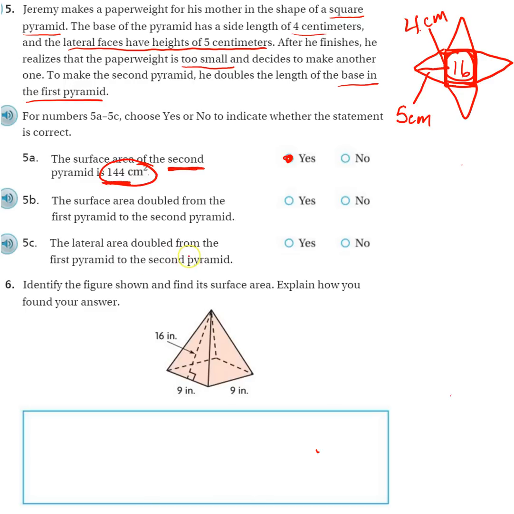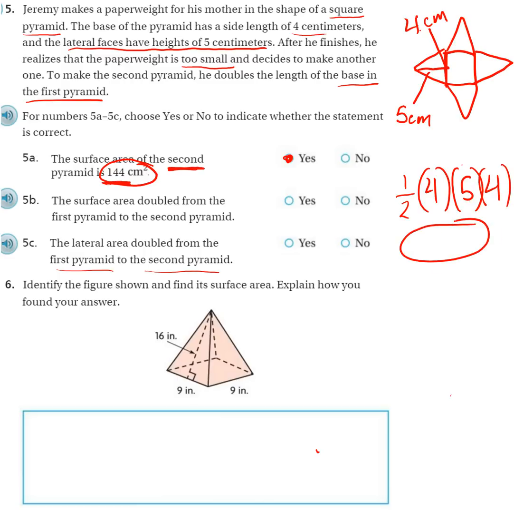Okay, the lateral area doubled from the first pyramid to the second. Okay, so for the first pyramid, the lateral area means just the triangles. So you would do 1/2 times the base of the first one, which was 4, times the height, 5, and then there are 4 triangles. So you're going to find that answer, and then you're going to compare it to the dimensions for the second one, the bigger one that he made, which was 1/2 times now 8, because he changed the base, times 5, and there's still 4 of them, so times 4, get that answer.